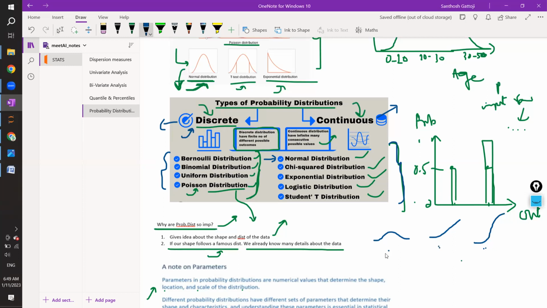All these are continuous variables, but the nature of each continuous variable is different. This continuous variable has a particular nature, and this one, as you can see, is continuous but its nature is different. It's always increasing. That's why you cannot have one distribution for all continuous variables. For this type of nature we will have the normal distribution.